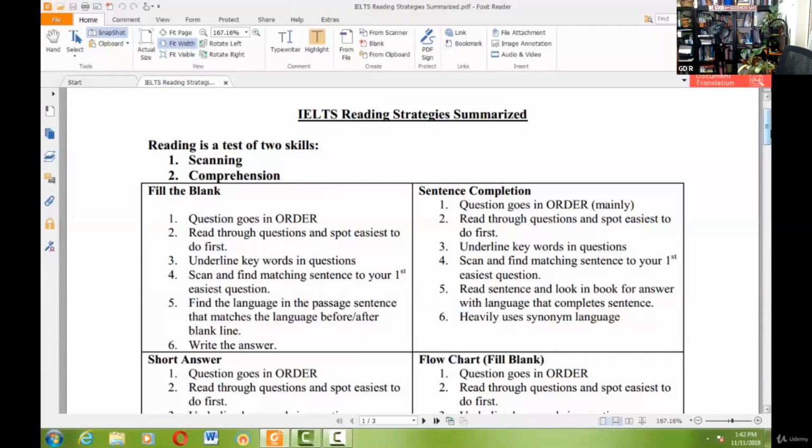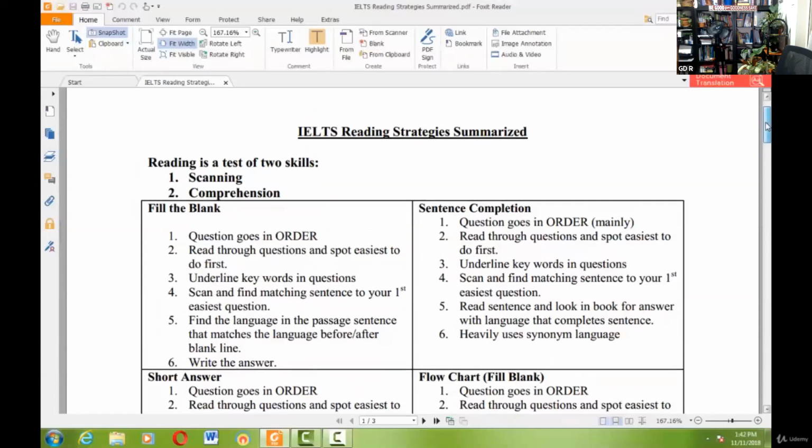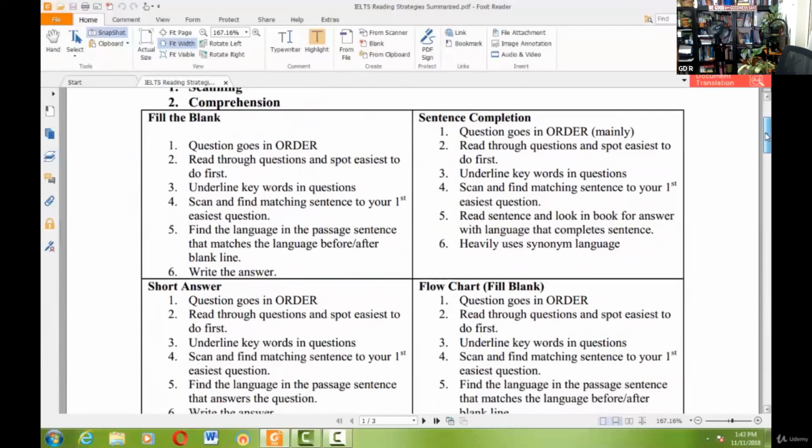All right, now let's go ahead and get into these different types of questions. You, of course, have the fill-the-blank question, which is one of the easiest questions on the exam. You can see the strategy there. I'm not going to go over the strategy right now. When we go over the specific questions in different passages, I will be going over strategy.